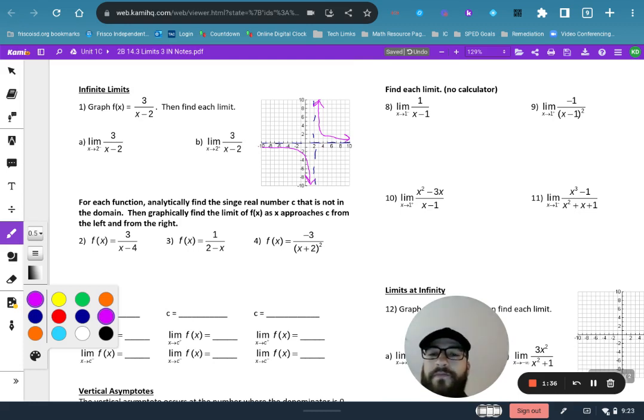All right, and there we go. So now that we know what our graph looks like, we can talk a little bit more about each of these limits.